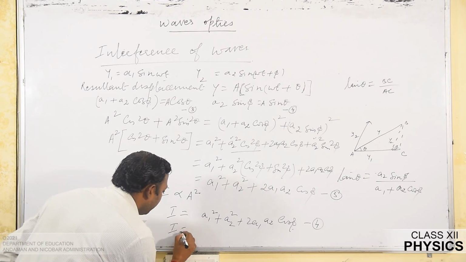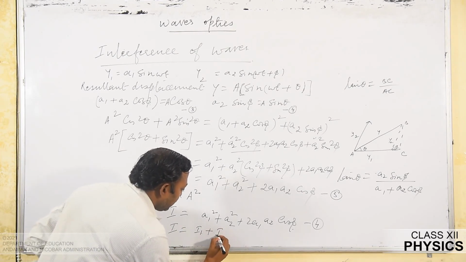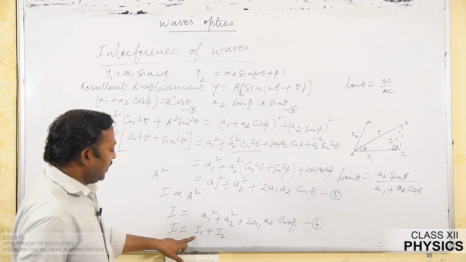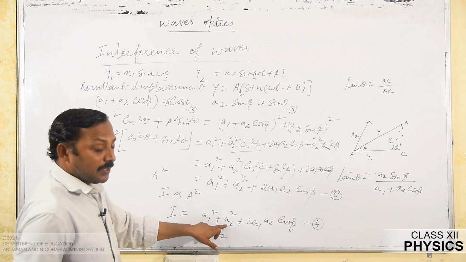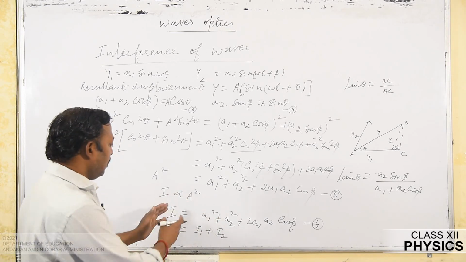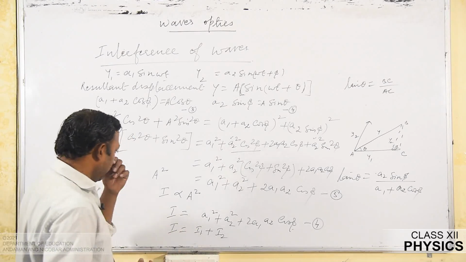So I will be equal to I1 plus I2, whereas I1 is proportional to a1 square, I2 is proportional to a2 square, and the proportionality constant on both sides gets cancelled out. So directly we can write I instead of a square.